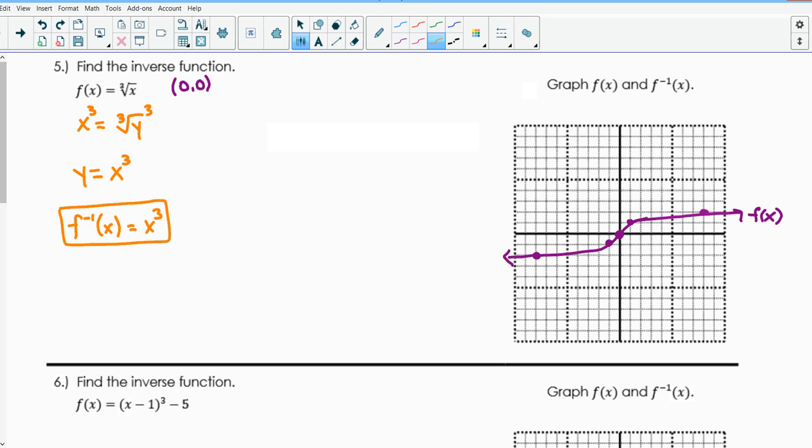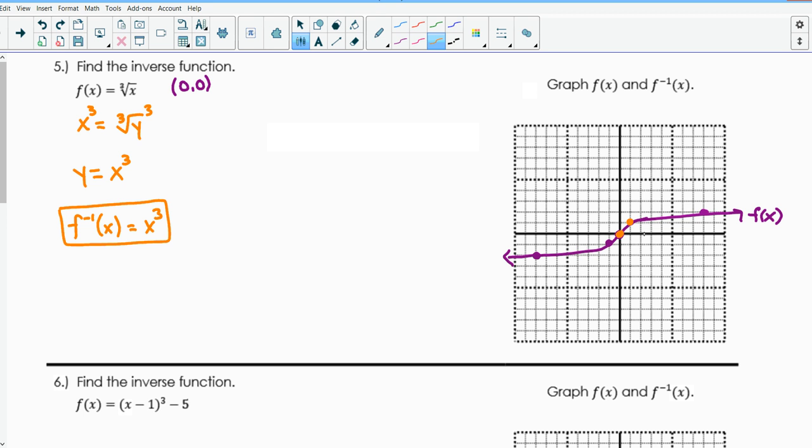Now I'm going to graph that. Okay, so this one didn't get moved left or right or up or down. If it did, it would be something like this. And then we would say right 3, up 7. Okay, so just so you can see. Alright, so then I'm going to plot the point 0, 0. Okay, if I move right 1, 1 cubed is 1.